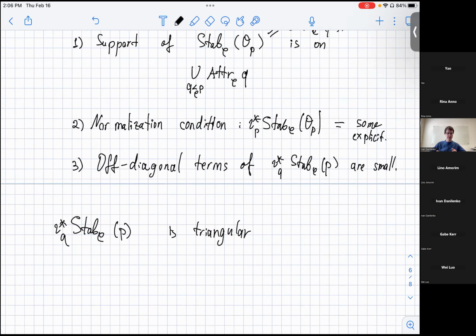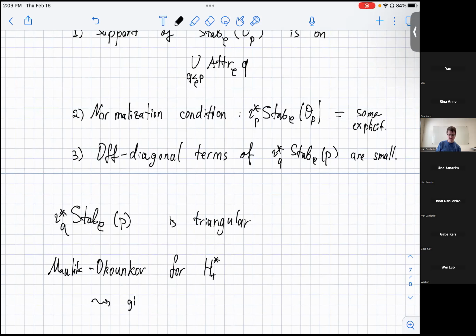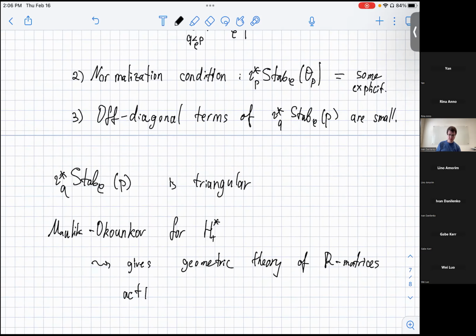So this type of definition was given by Maulik-Okounkov, for equivariant cohomology first, and that gives geometric theory of R matrices acting on equivariant cohomologies of Nakajima varieties. Which R matrices?